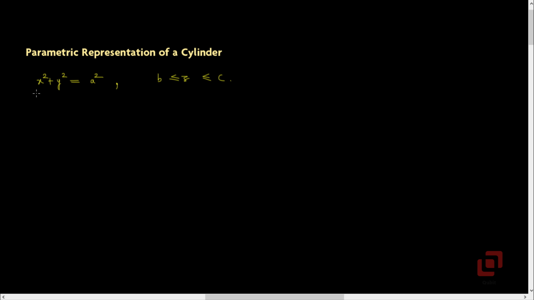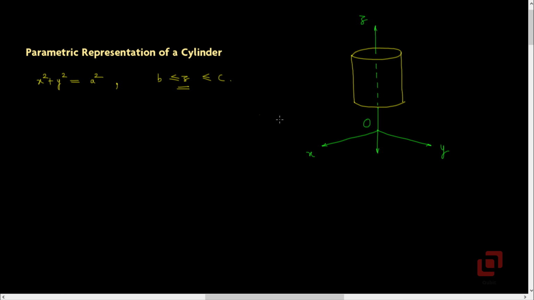We consider the following equation: x squared plus y squared equal to a squared, such that z lies between b and c. A representation of this cylinder is presented here. This particular plane is z equal to b and this plane here is z equal to c.